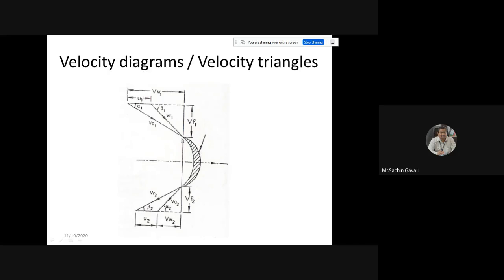This is the blade, moving with some constant velocity that we call u1 or u2; here both are the same. Here we consider this as v1, and this as v2 in our diagram. Only v1 and v2 change. This blade receives the jet coming from the nozzle.